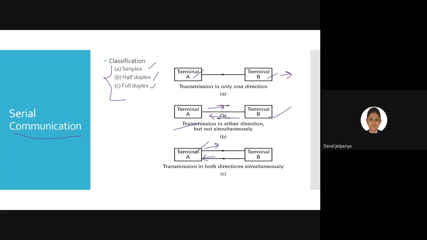This type of communication can take place simultaneously, where A works as a source as well as a destination. Okay, so any query on this topic?